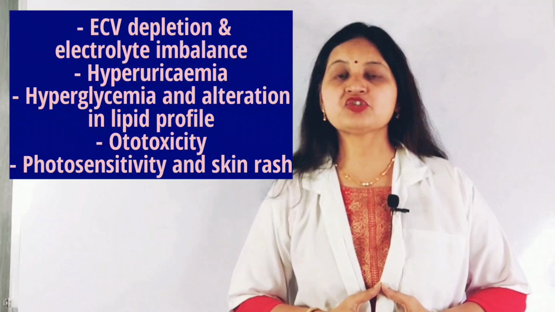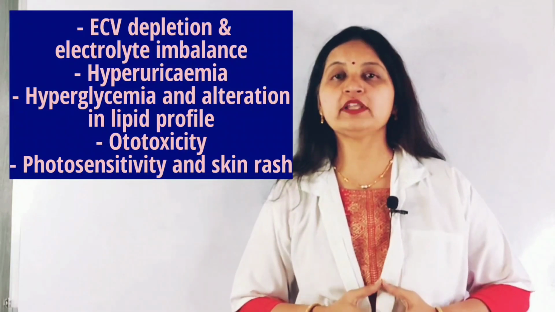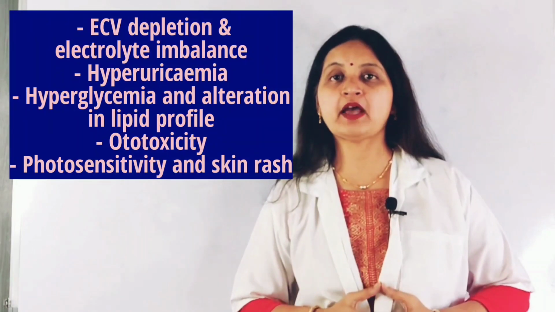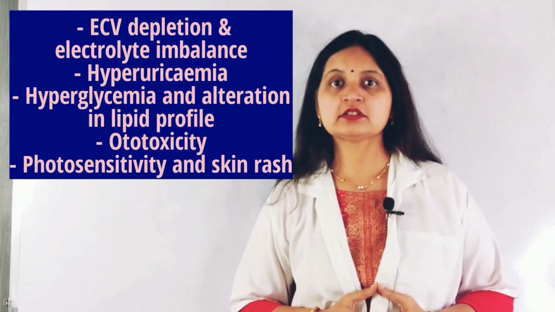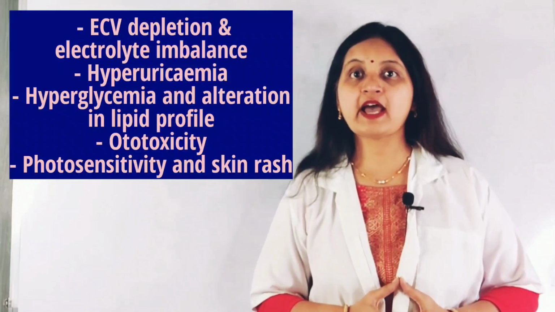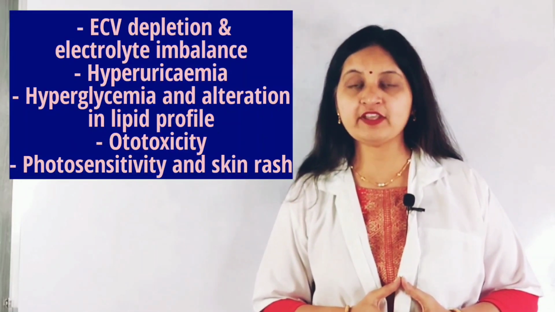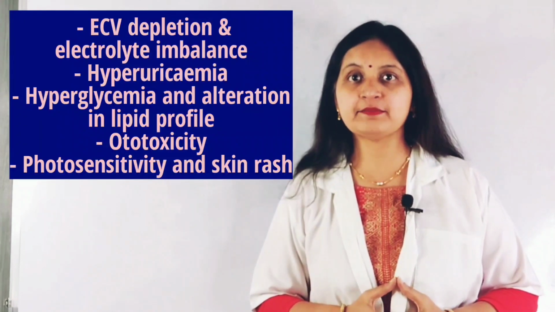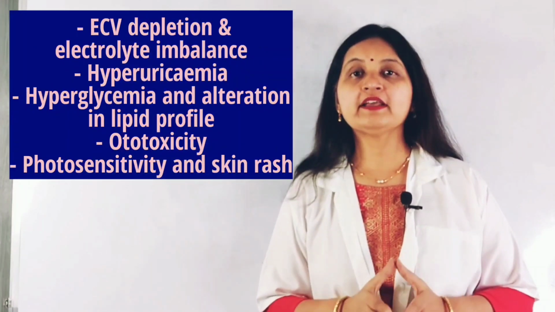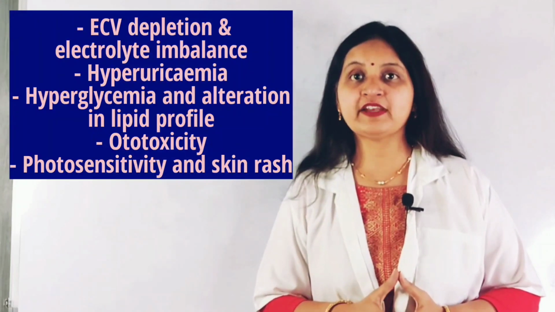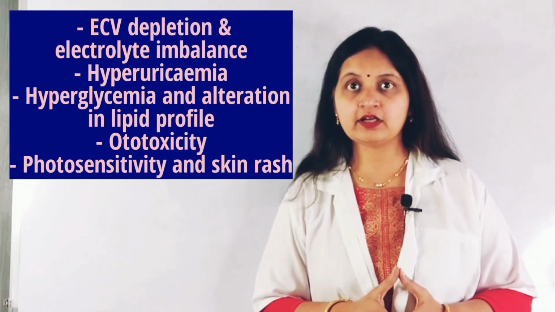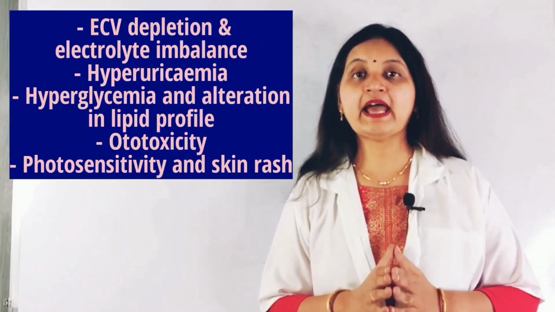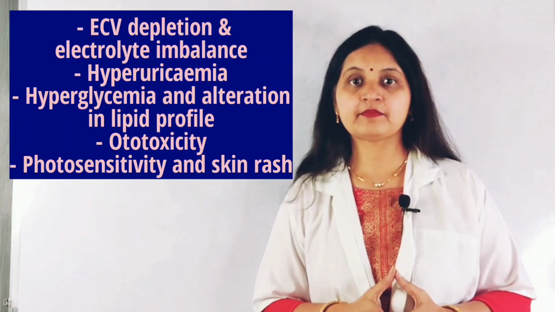Next, chronic administration of loop diuretics can also lead to accumulation of uric acid in the body causing hyperuricemia and occasional gout. Next, loop diuretics can cause hyperglycemia due to inhibition of insulin release. So this effect can cause precipitation of diabetes mellitus. The loop diuretics are known to cause ototoxicity when administered with ototoxic drugs such as aminoglycosides and cisplatin because they exhibit additive ototoxicity.